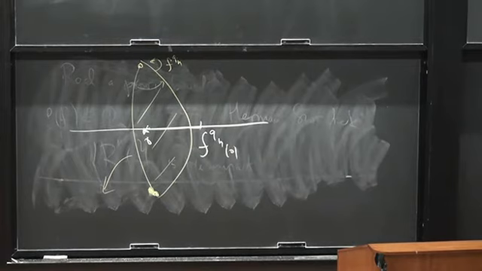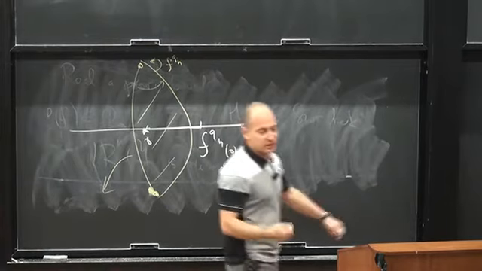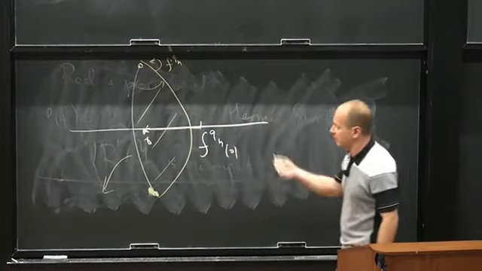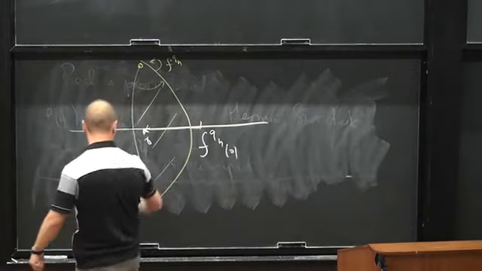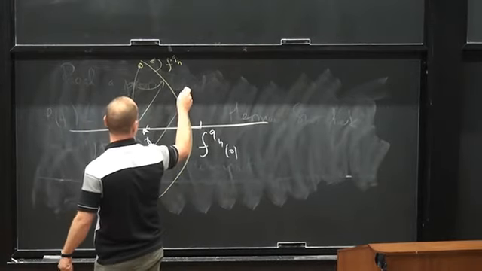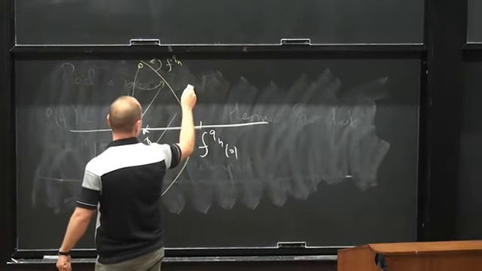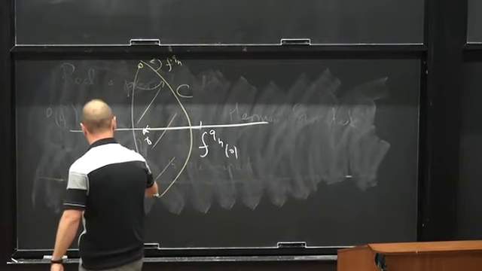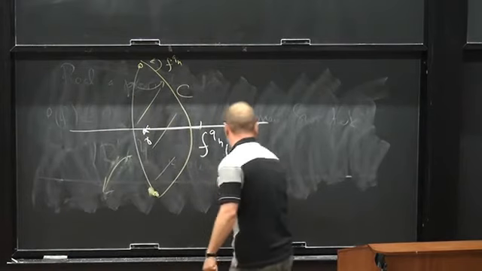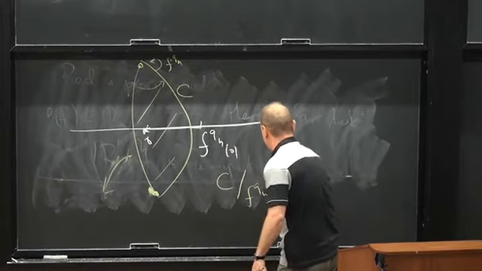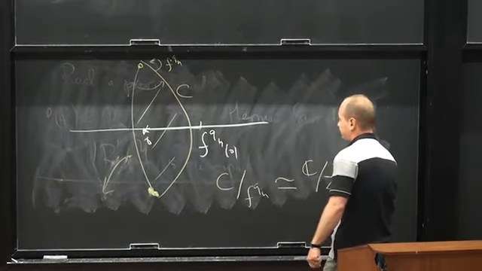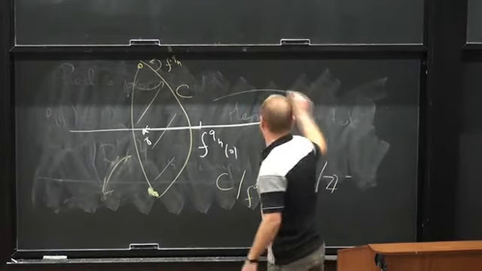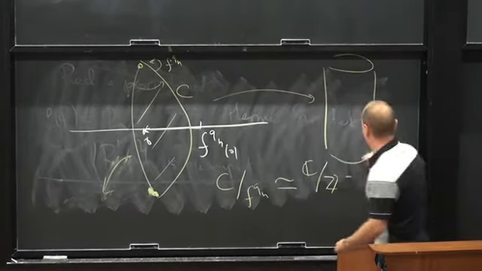But assume also that this is conformally a cylinder, not just any cylinder, but the cylinder C mod Z. So assume that C mod f^(q_n) is the Riemann surface C mod Z. Okay? So this projects to the cylinder.